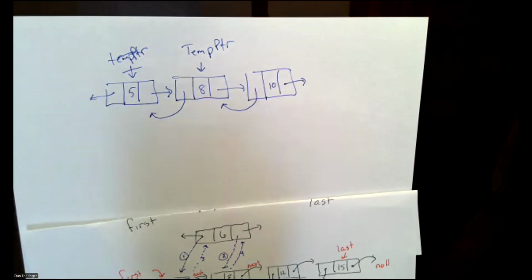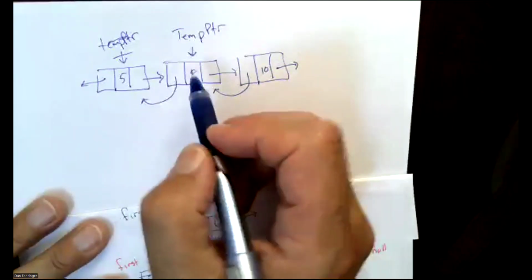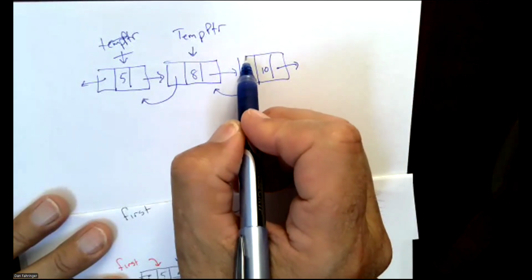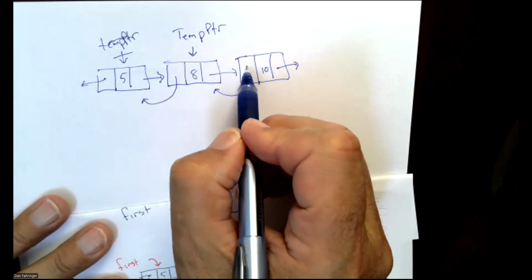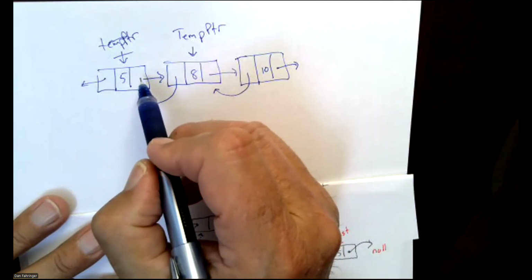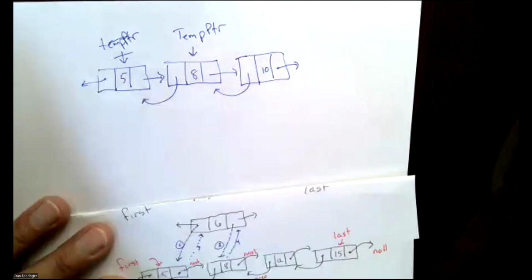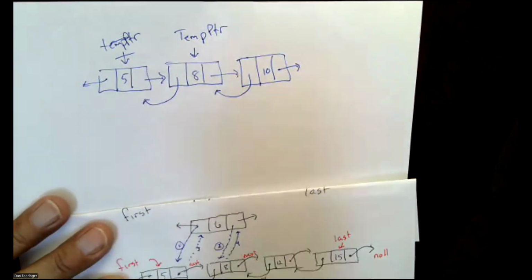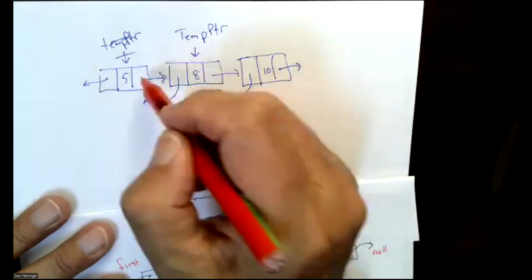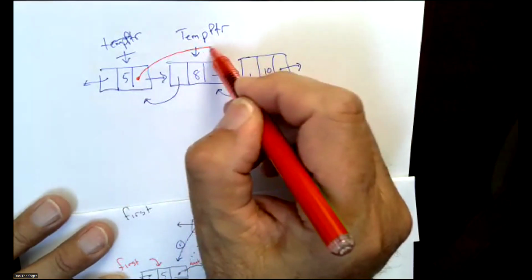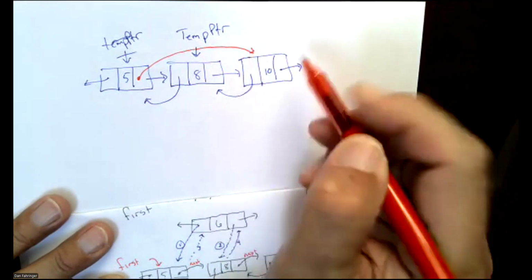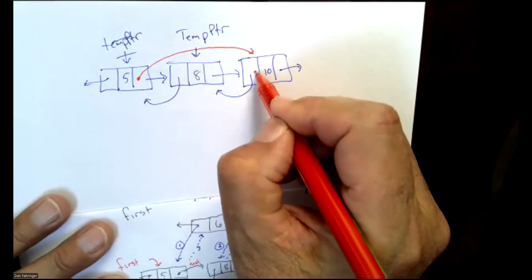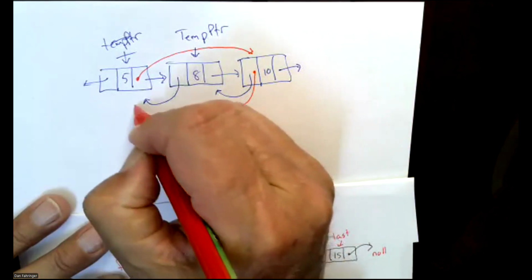Well, let's see. I said this guy right here and this guy are the 2 big ones. This guy now needs to point to here. This guy now needs to point to there.